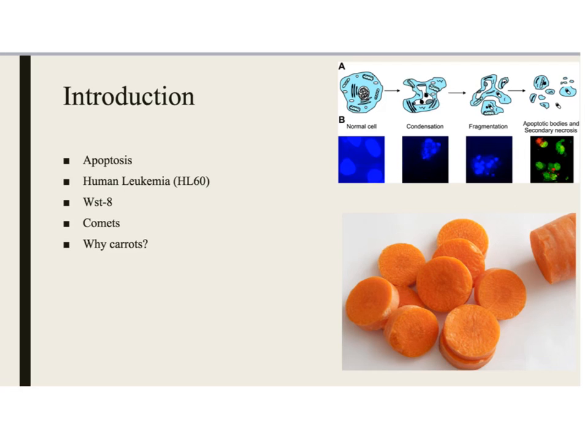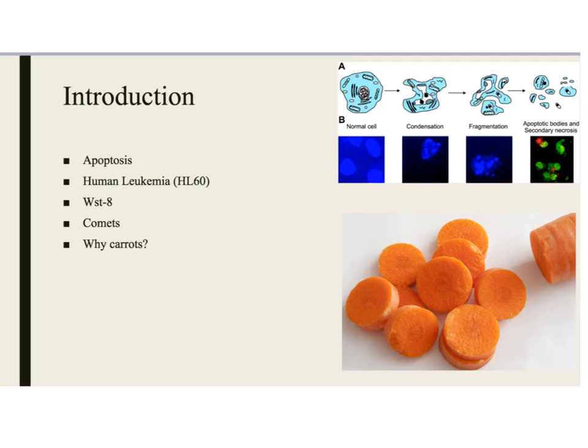Another important item I want to introduce is comets and comet assays. Comet assays help visualize DNA damage in individual cells. Healthy DNA would just be the comet head, and damaged DNA forms a comet tail. We will look at that in my results also. I just wanted to bring that up before we get to it, so you had a little background.